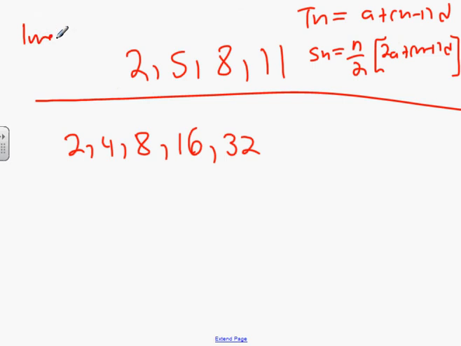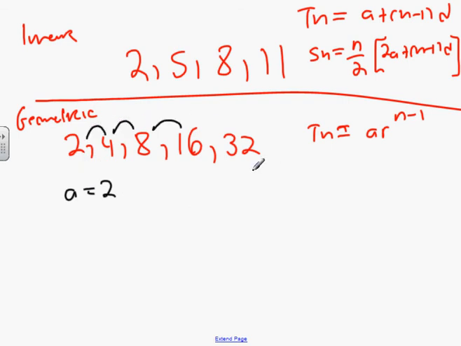Okay, in geometrics, anybody remember the geometric one? It's Tn equals a r to the n minus 1. What's the a value? A value is 2. The r value is how much you multiply each one by. R equals 2. Okay, and in the linear one the a value is 2, but the d value is 3.